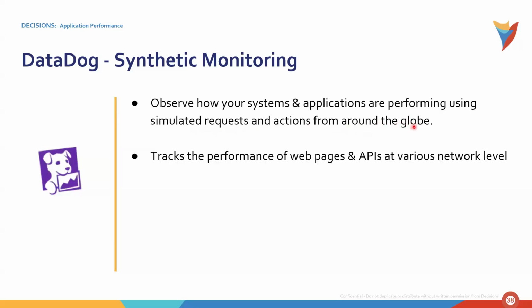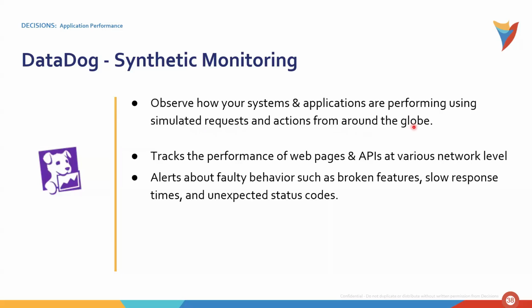So we can go ahead and perform some tests on the web pages or APIs at network level to see whether we are getting the correct responses from our application. And in case something is broken, let's say we're trying to call an API and it's returning a status code other than 200, then Datadog can go ahead and send me some alerts so that I can fix those problems.